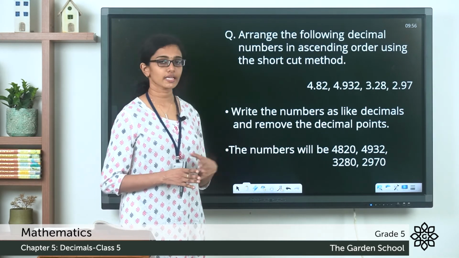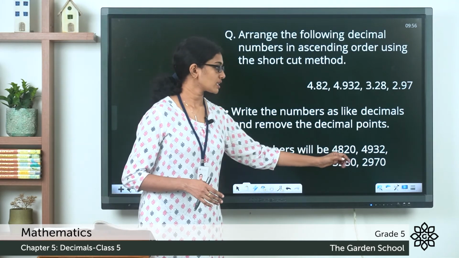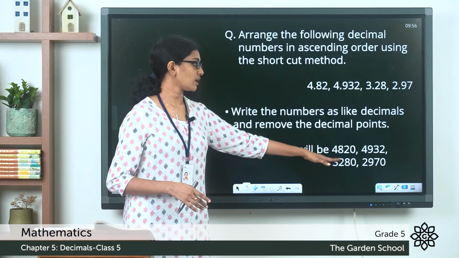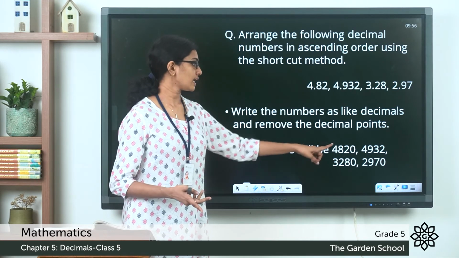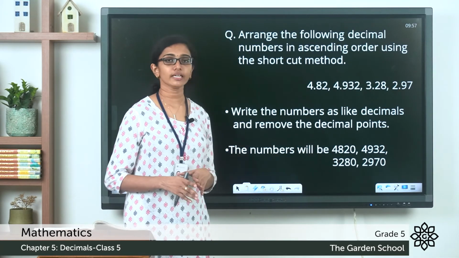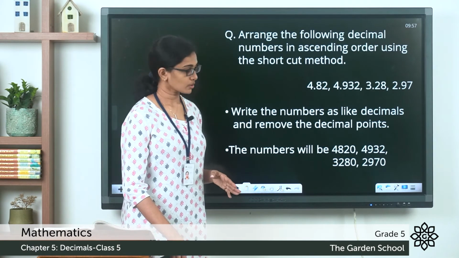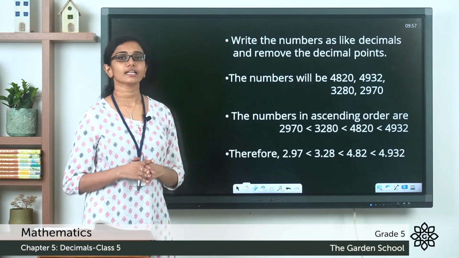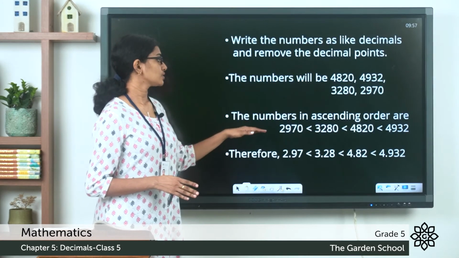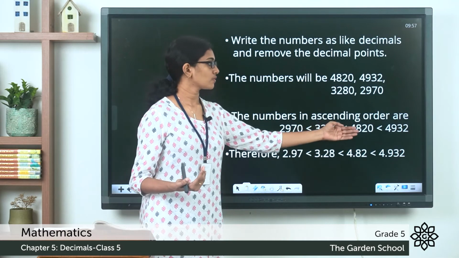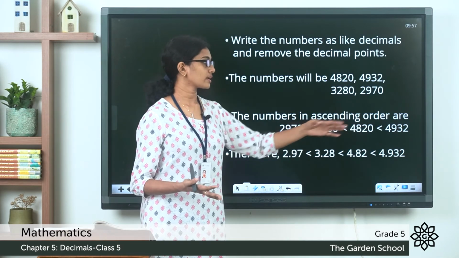Which is the smallest among these 4 numbers? It is 2970. The next comes 3280. Then comes 4820 and then comes 4932. So ordering them, we get the ascending order as 2970 less than 3280 less than 4820 less than 4932.